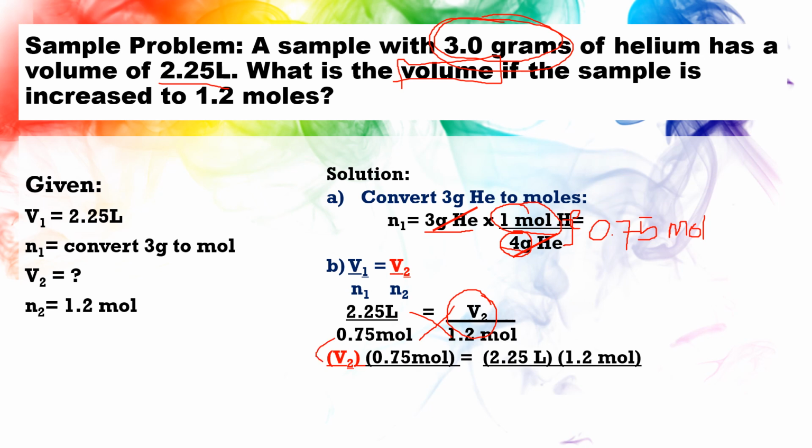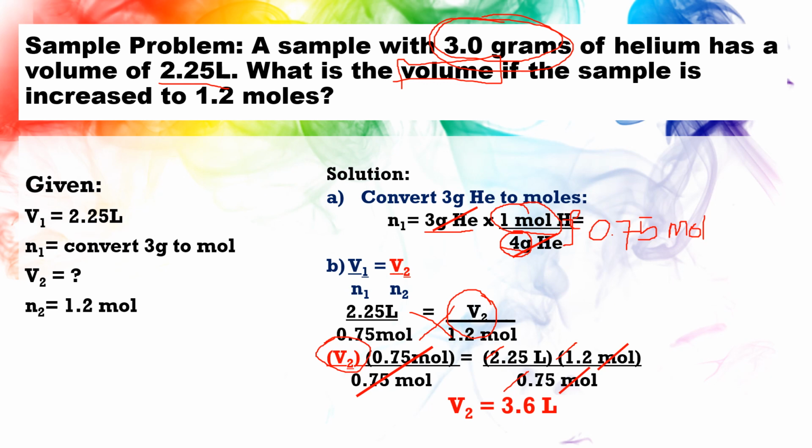Solving for V2, just simply divide both sides by 0.75 moles and cancel similar units on the right side. On your calculator, 2.25 times 1.2 divided by 0.75 will be equal to 3.6 liters.